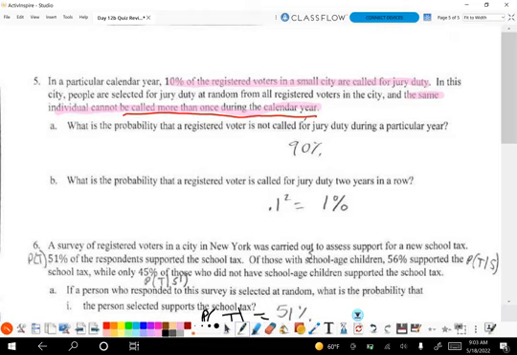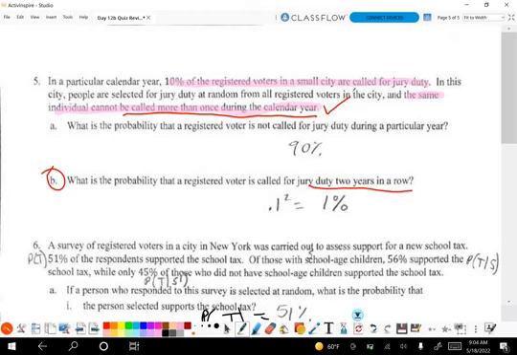Because if you look at the problem in 5B, it says the probability of being called for jury duty for 2 years. I only have to worry about a person not being called twice in 1 year. So that is information you do not need to do the probability problems.